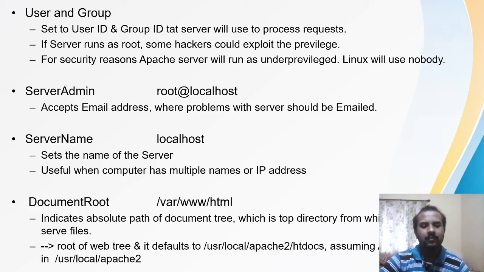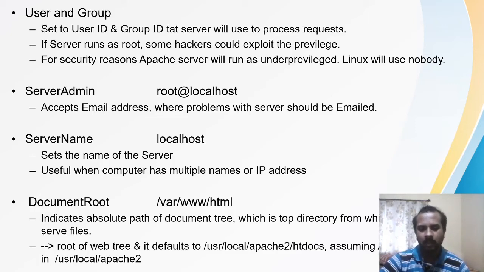Document root indicates the absolute path of the directory, which is the top directory from which Apache will serve files. Document root is also the root of the web tree and it defaults to /usr/local/apache2/htdocs. Assume that you have installed things in /usr/local/apache2.